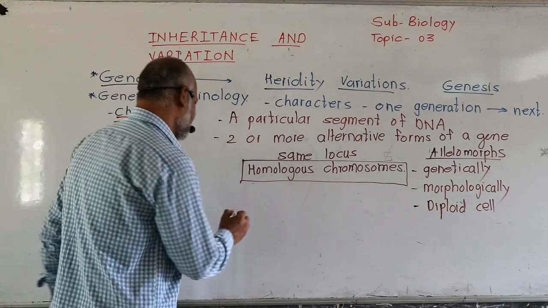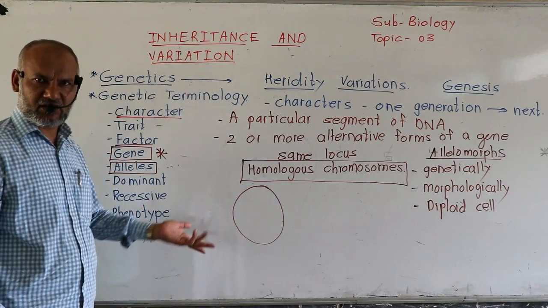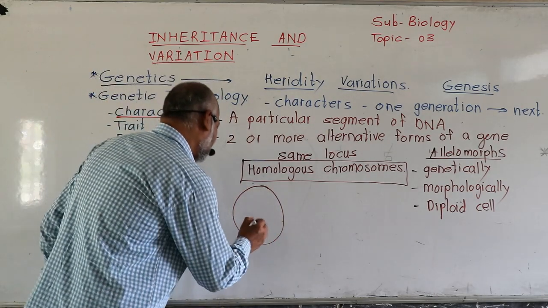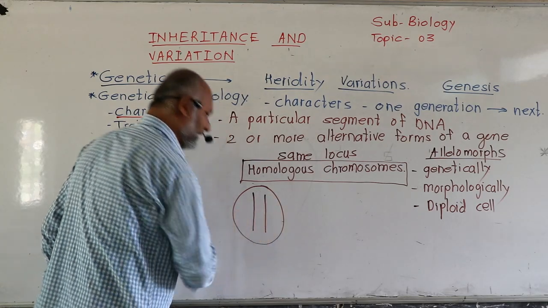Suppose there is one diploid cell and there are various chromosomes, and out of these chromosomes, two chromosomes are similar like this.